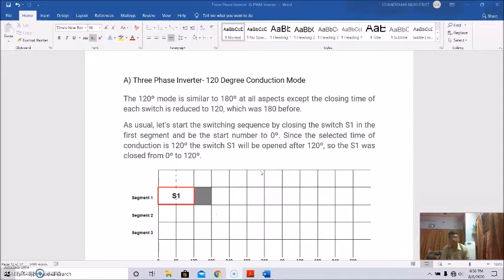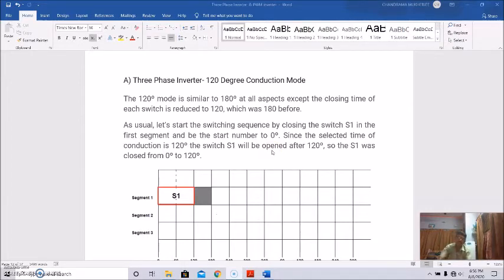As usual, let's start the switching sequence by closing the switch H1 in the first segment, starting the count at 0 degree. In the last class we discussed there are three segments: segment 1, segment 2 and segment 3.